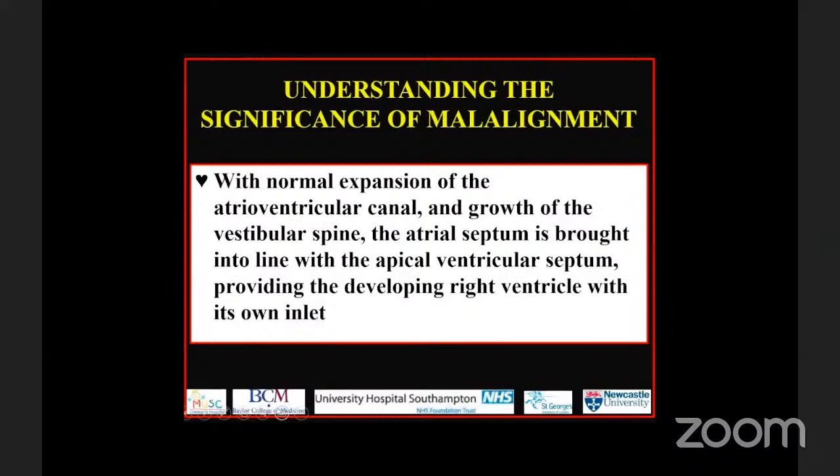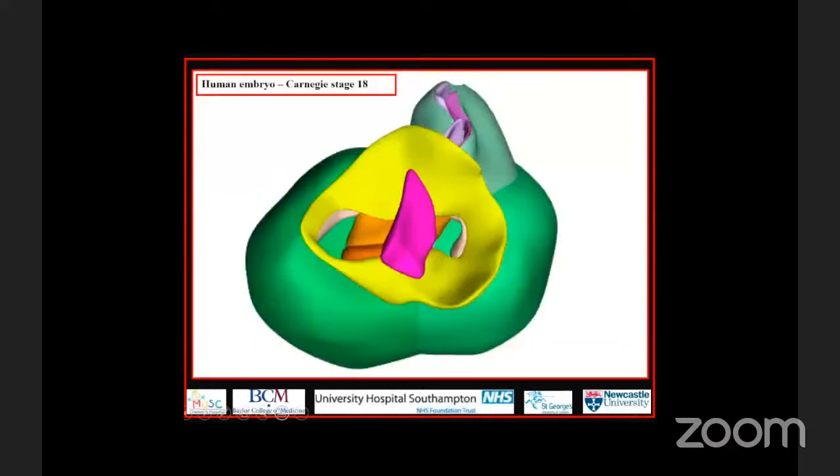And as part and parcel of normal development, the atrial septum will have grown down in normal fashion, and that will then have been reinforced by growth of the vestibular spine, providing the separate right and left atrioventricular junctions. So let's look at that with some pictures.